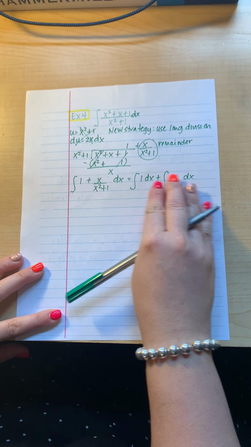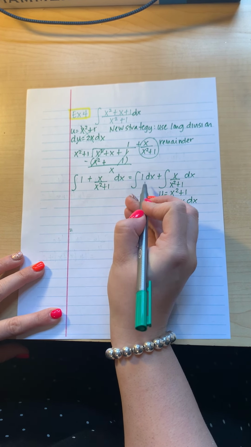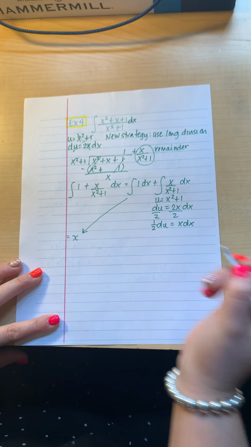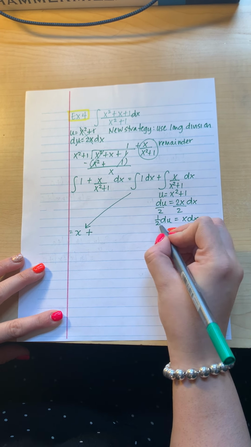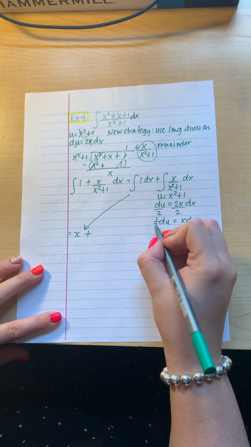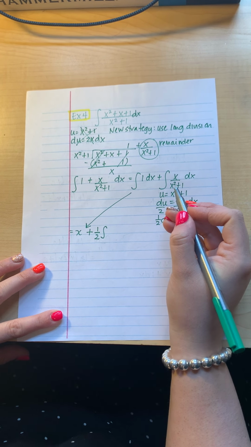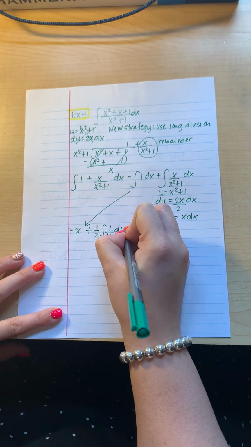All right, now let's move all of this work over here. The integral of 1 is x. Let's just draw a little arrow so we don't forget what we're doing there. Then let's go ahead and rewrite the integral with our du and the 1/2. The 1/2 can go in front of the integral, and this now becomes 1 over u du.